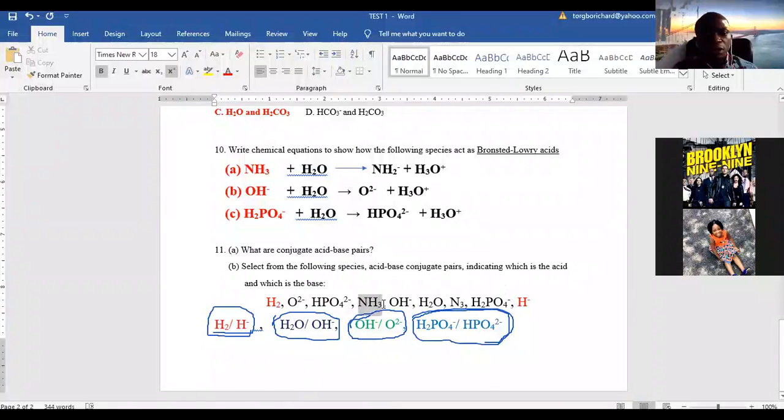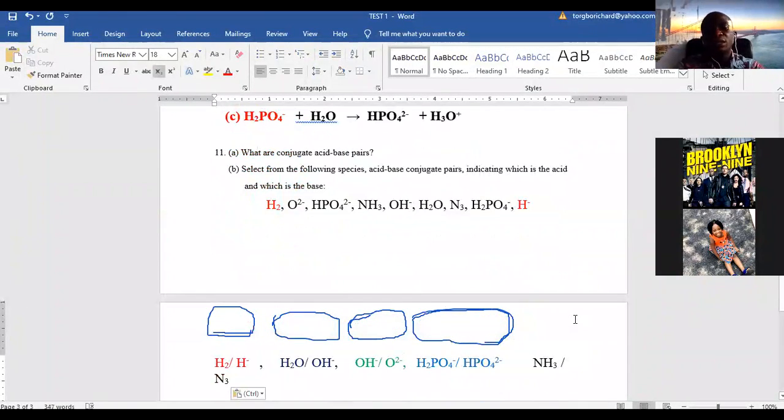Those of you who wrote this, ammonia/N3, N3 is not one of the pairs. Can you see that?